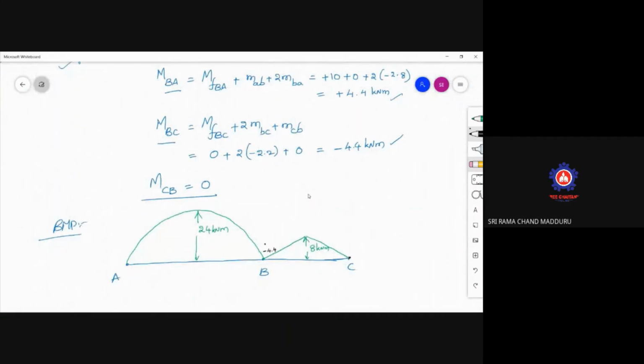So this value is 24.8 kilonewton meter. If you observe, the hatched portion represents the bending moment diagram.